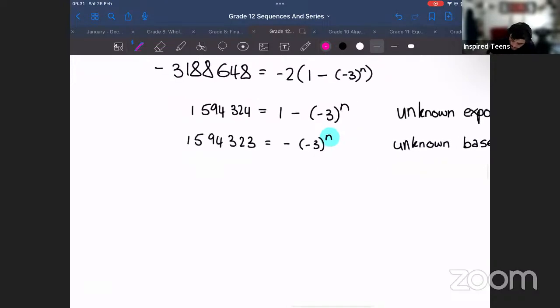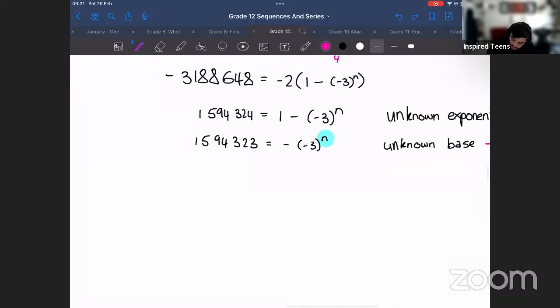Because here it's -3, not +3, you want to take out your negative, divide it by negative. So you're left with -1594323, which is equal to still -3 to the power of n.